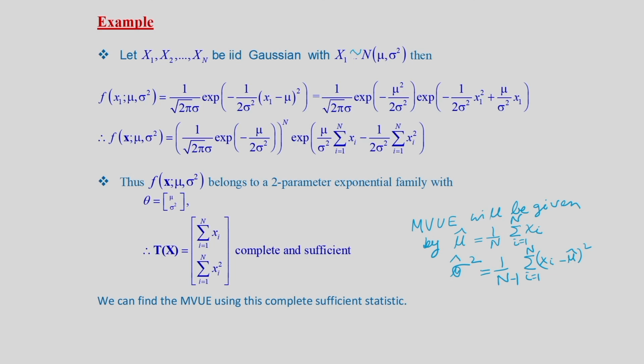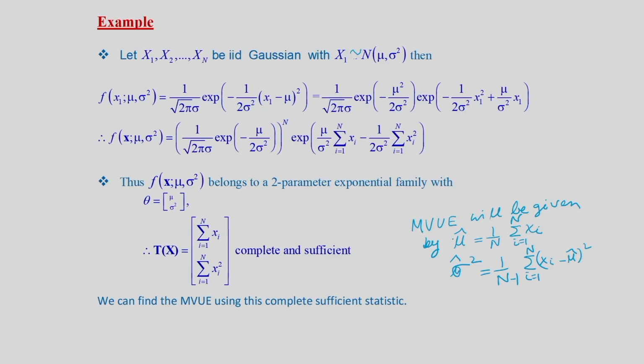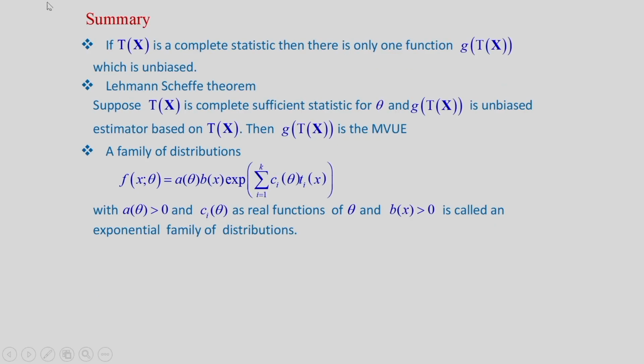So, that way we see that for exponential family of distribution we can find out the MVUE from the expression for the joint PDF itself. Let us summarize. First point, we note that if Tx is a complete statistic, then there is only one function g Tx which is unbiased, that we have established.